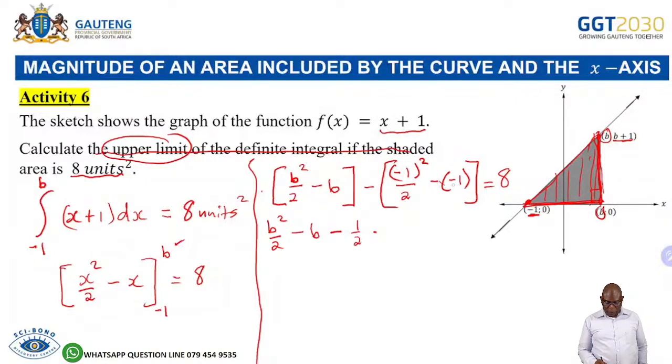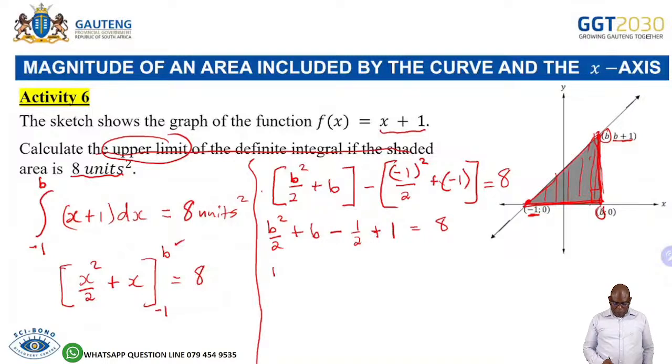I'm substituting by -1. Was it a plus there? Okay, that's a plus, sorry. So therefore that should give us +1, and that will be equal to 8.